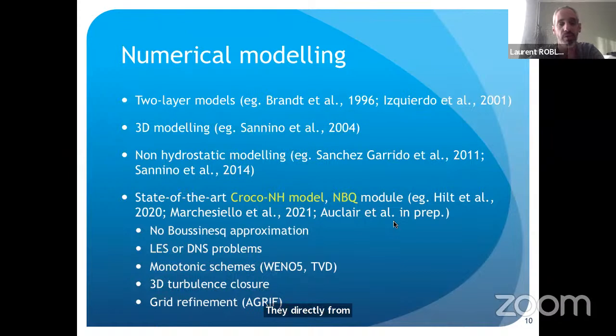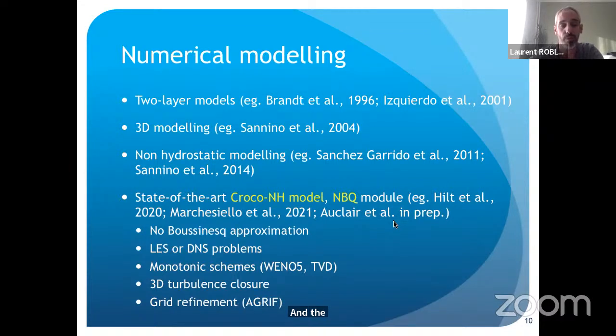So to study the flow dynamics in the strait in further detail, in particular this interior ocean, realistic numerical modeling is of great help. You have early attempts using two-layer models in the late 20th and early 21st century.